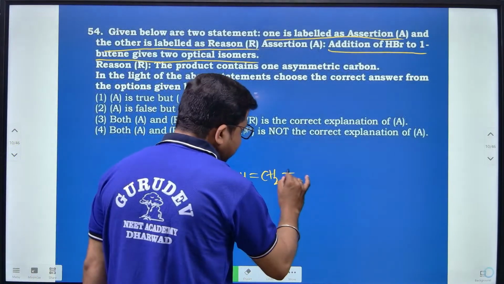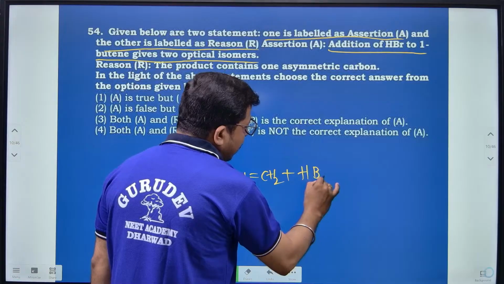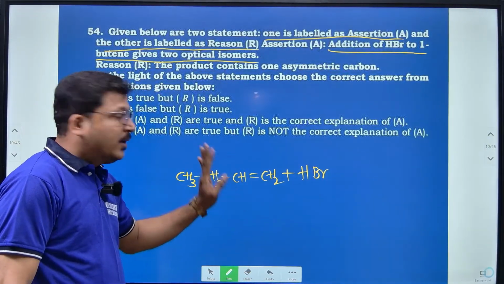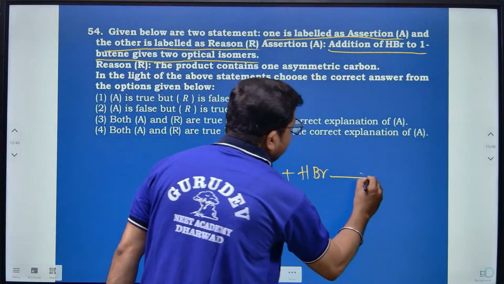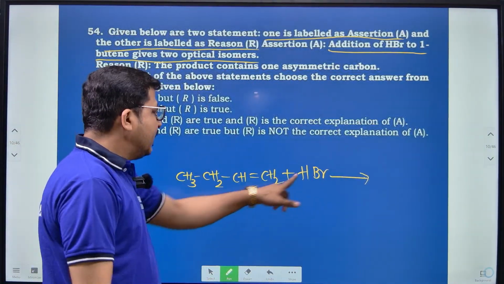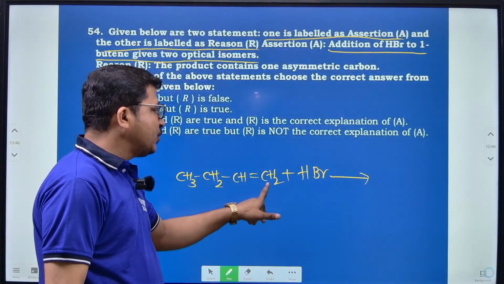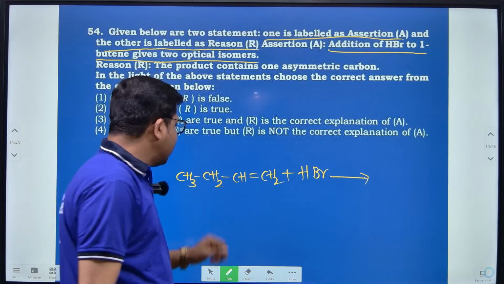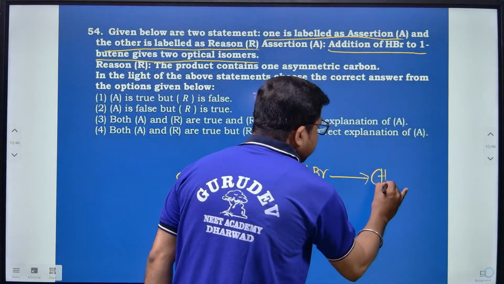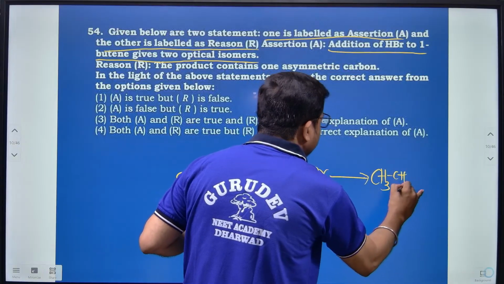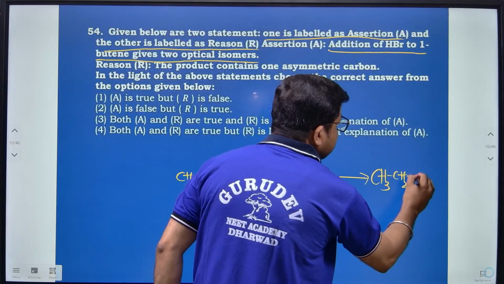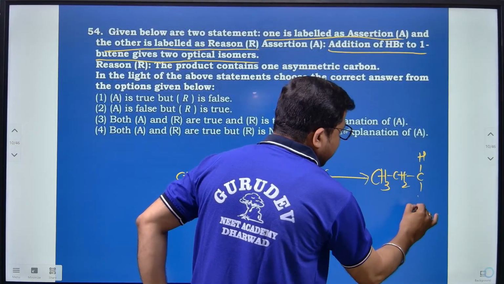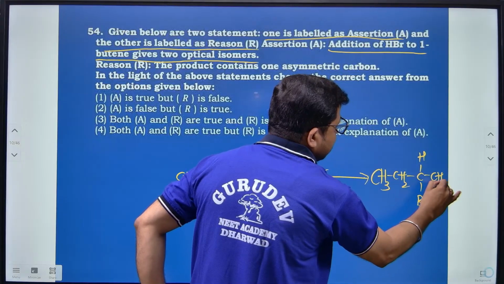If you add HBr according to Markovnikov's rule, an unsymmetrical molecule added to an unsymmetrical alkene, the positive part of the molecule will attach to the carbon containing more hydrogens, and the negative part will attach to the carbon containing fewer hydrogens. Therefore CH3CH2CHBrCH3.